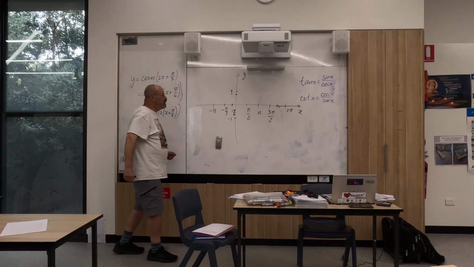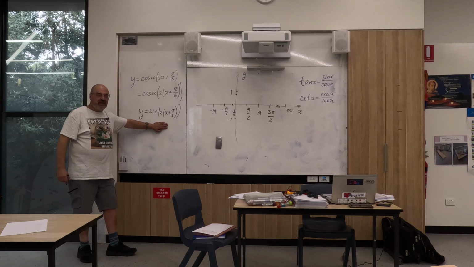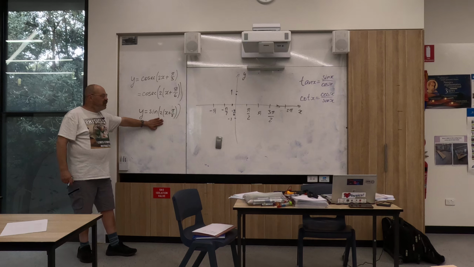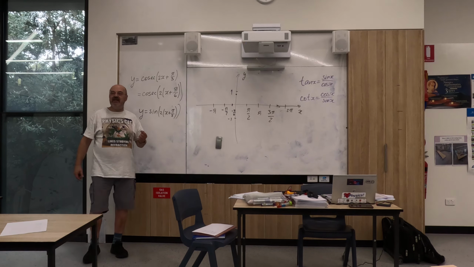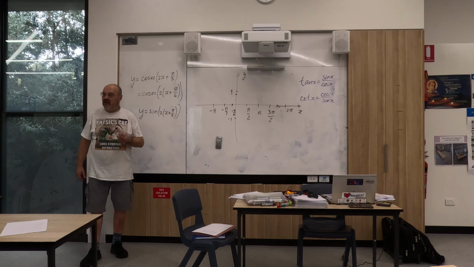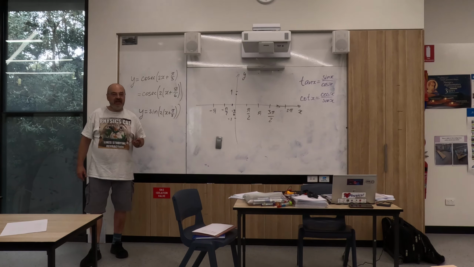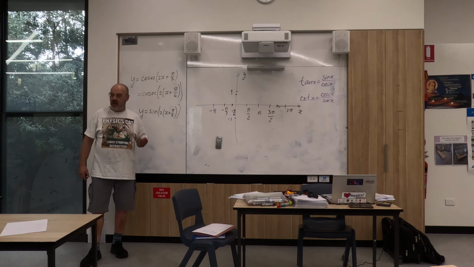And where will be the maximum? For what value of x will we have the maximum? Not y equals 1, but for which value of x? Where is the maximum of sine? At x equals pi on 2, right?